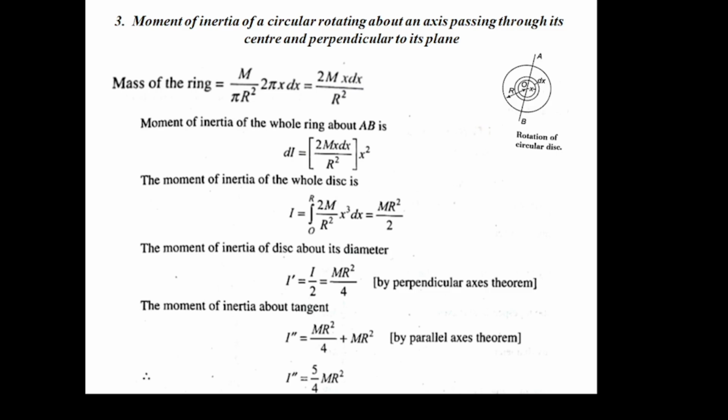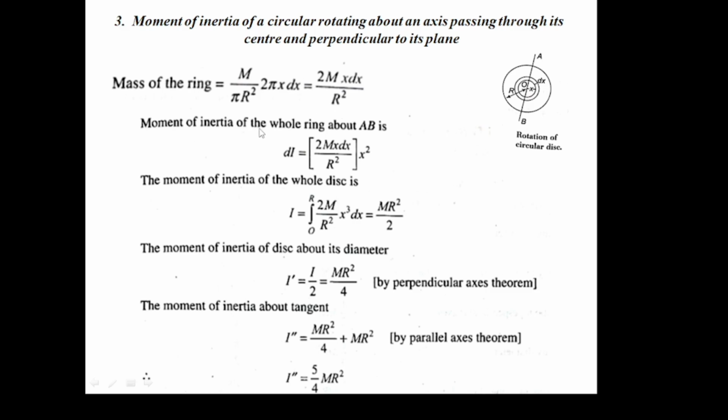Since the plane is uniform, the mass per unit area is M by pi R square. So the mass of the ring is M by pi R square, where pi R square is the area of the plane and M is the total mass, times the area of the elementary ring, that is 2 pi x dx.